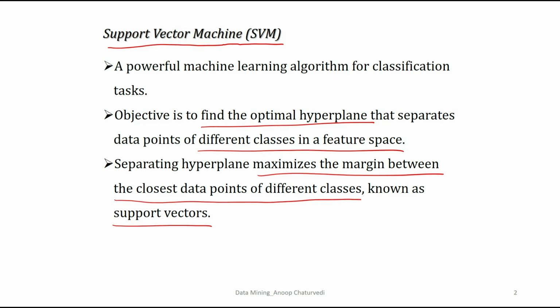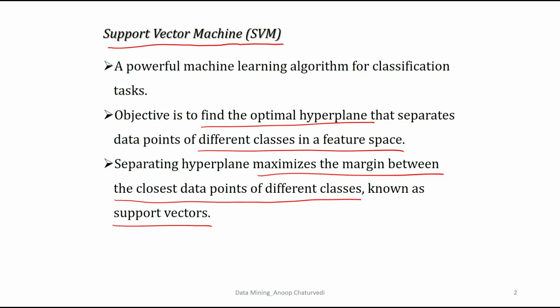So, basically we have the data points and the objective is to separate the data points into different classes in a feature space, and then we focus on the support vectors, which are the closest data points of different classes.